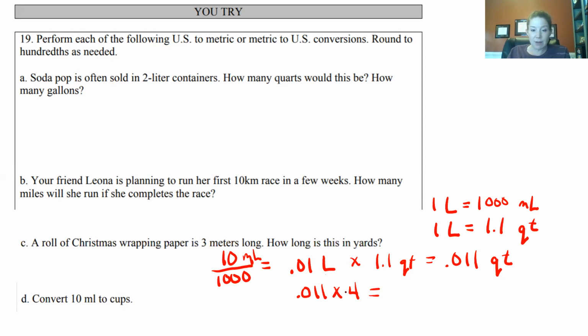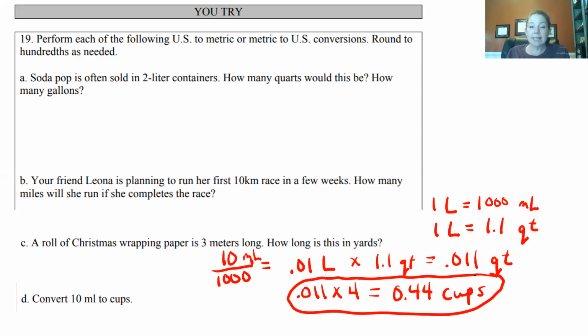If I multiply this in my calculator, my final answer is 0.44 cups. That's my final answer. And like I said, that was similar to example 17 a couple of slides ago, so now you've seen 2 examples of those types of problems.